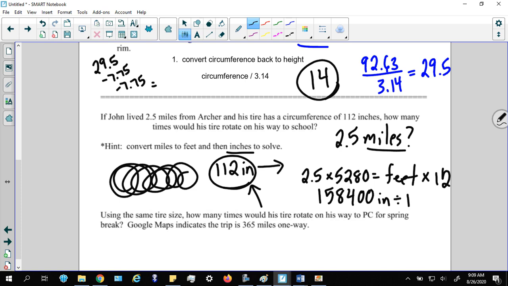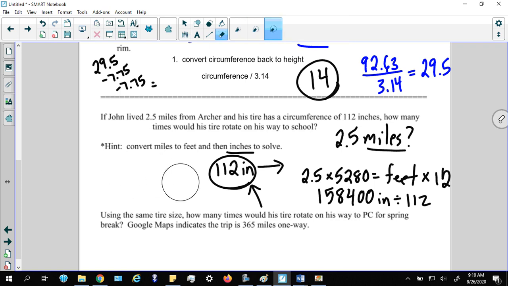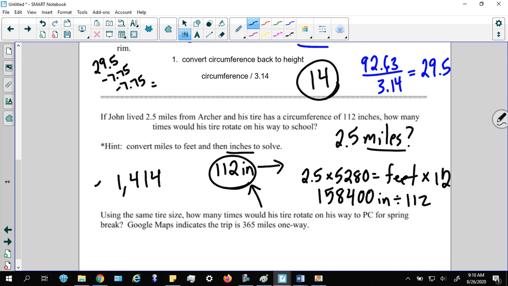Well, divide by 112. Your answer is how many times the old school bus song, the tires on the bus go round and round. Well, the tires on John's car will go 1,414 rotations, and I rounded.